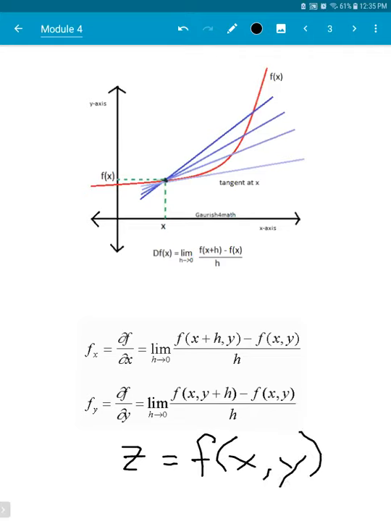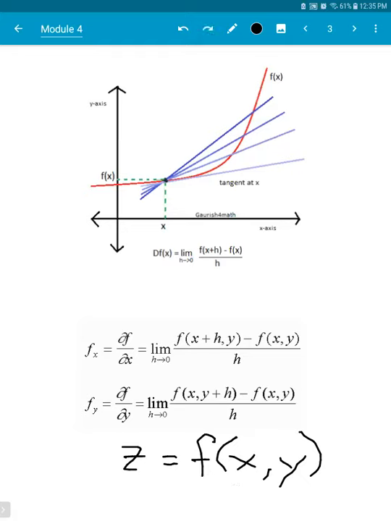Now, to evaluate this function, if you've studied the book or read the material, all you have to do is, if the formula for f is given, which is in x and y, some x variables and y variables will appear in the equation. All you have to do is substitute x equals the given value and y equals the given value.